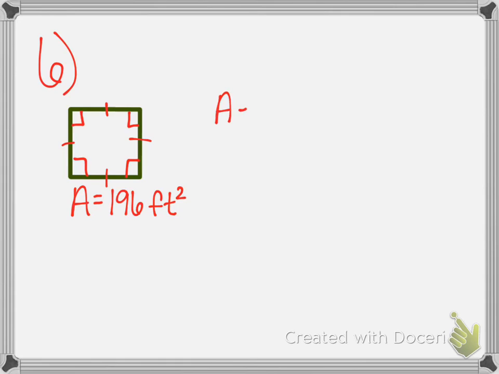So our area formula is what? S squared. So we plug in the 196 for the A. How do we get S alone? Square root it. If we square root 196, we get 14.